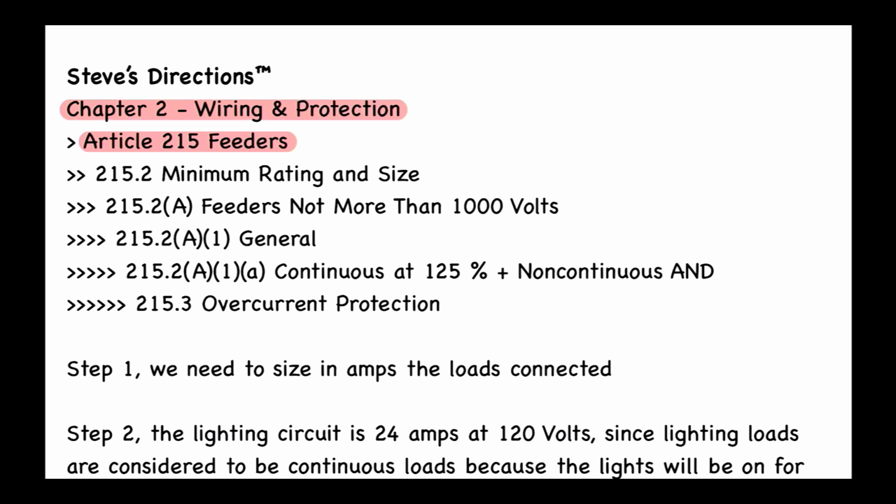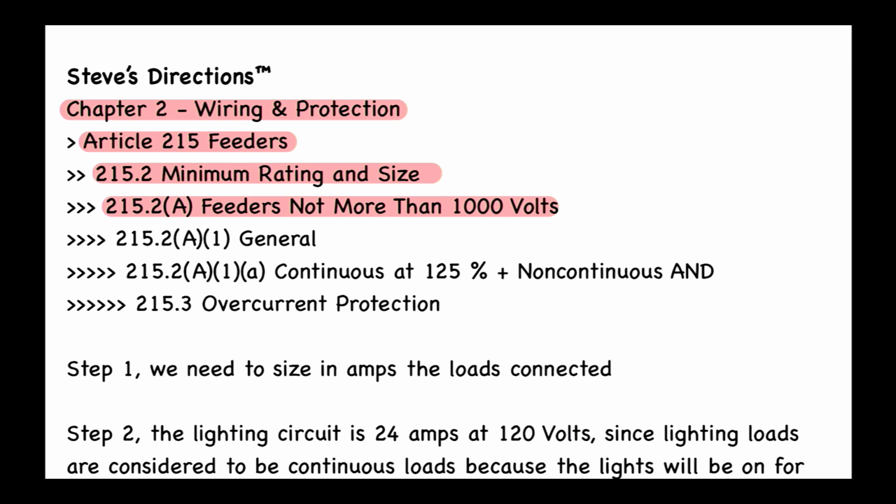Once you're in 215, you would start to look for the parts, but there are no parts in 215, so we're just going to look at the sections. Then we find 215.2, called minimum rating and size. Then 215.2(A), feeders not more than 1,000 volts.